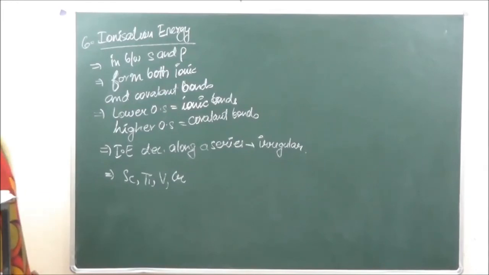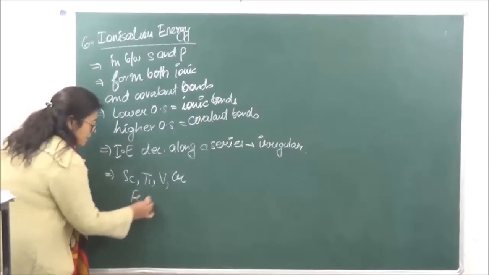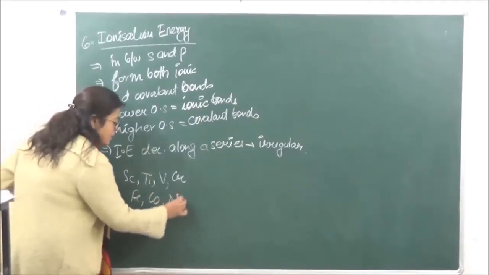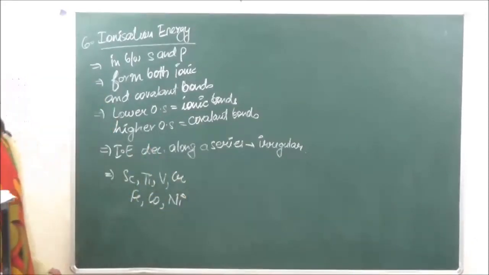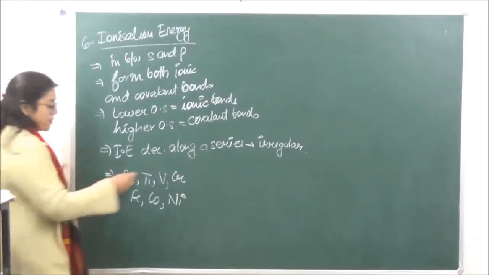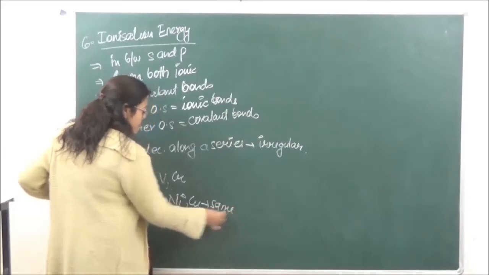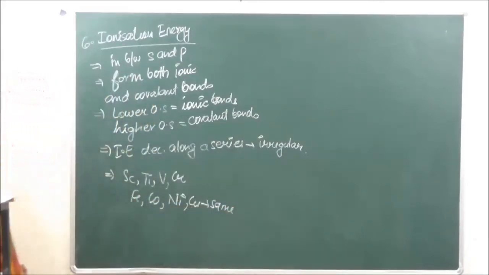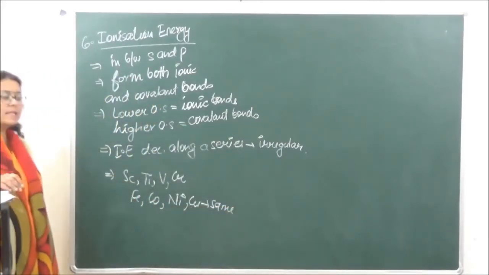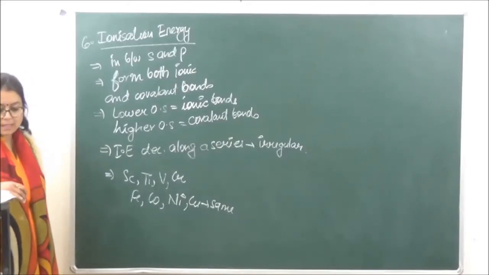And iron, cobalt, nickel and copper have the same values of ionization energies because of almost similar sizes, which we have already discussed.